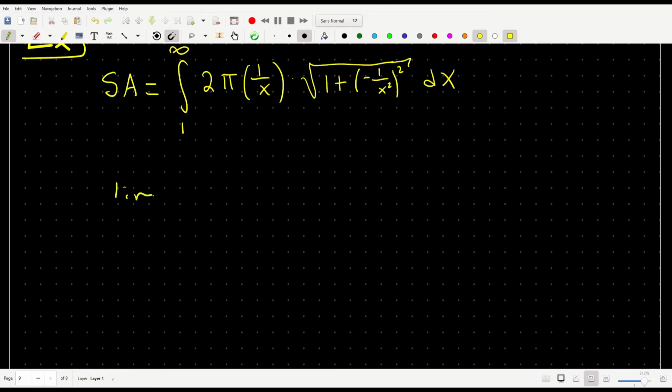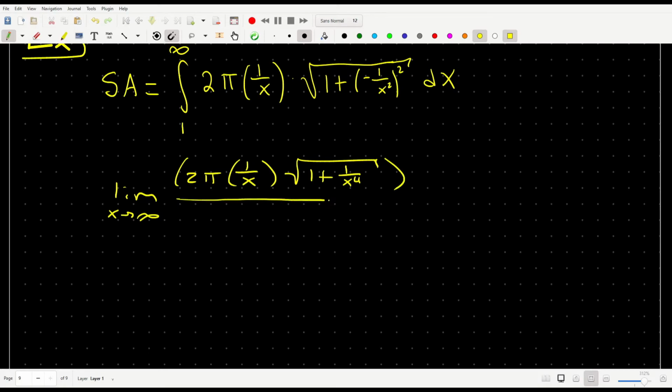So if we take the limit as x goes to infinity of our complicated function, this is our complicated function f of x, over our simpler function 1 over x.